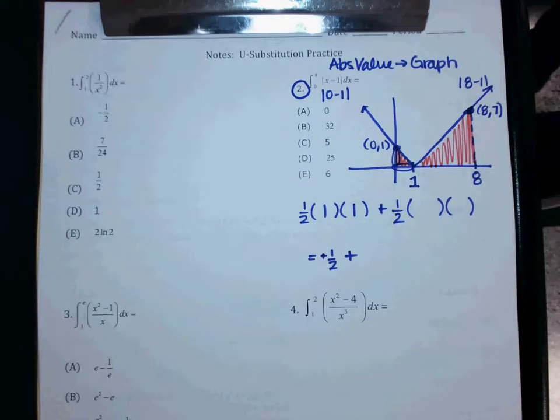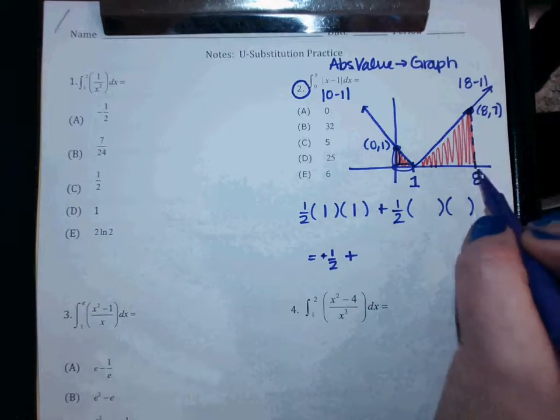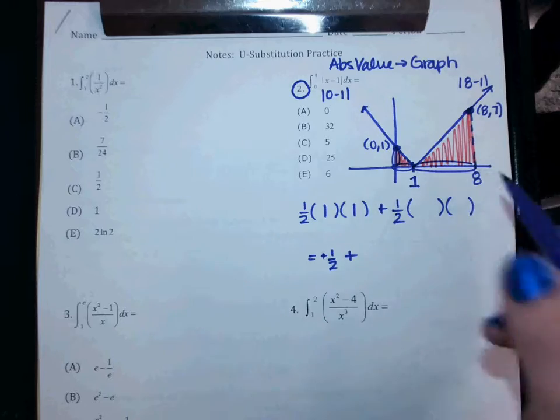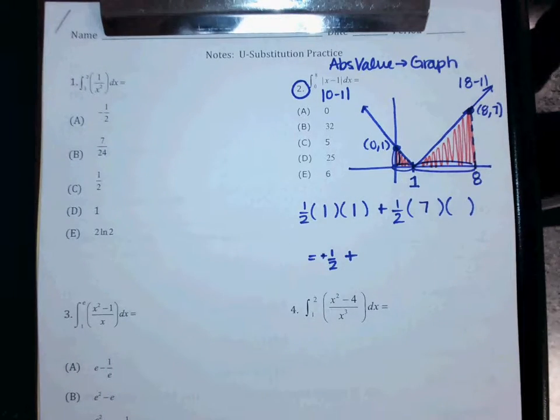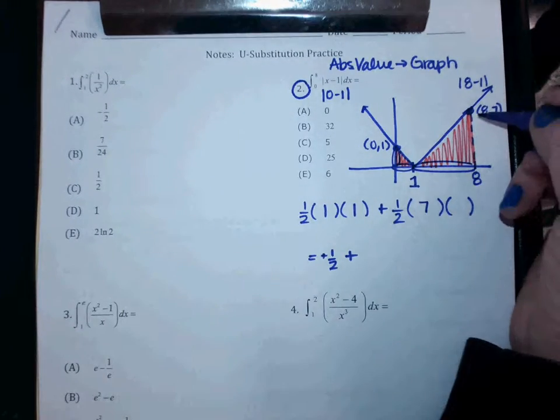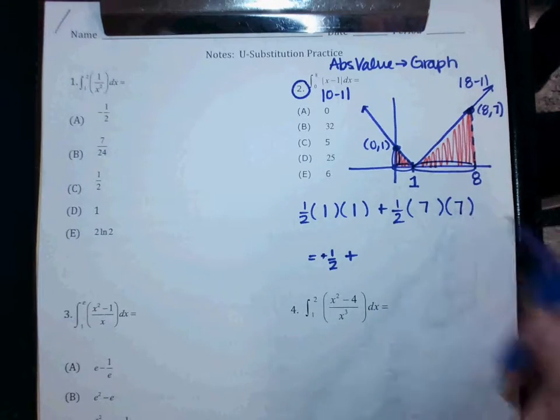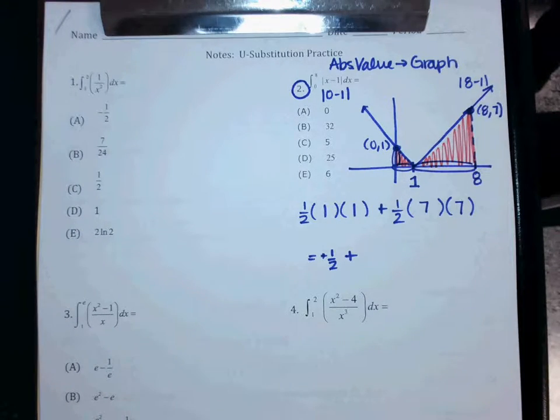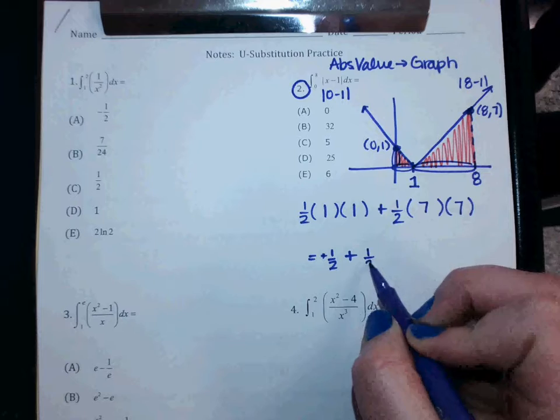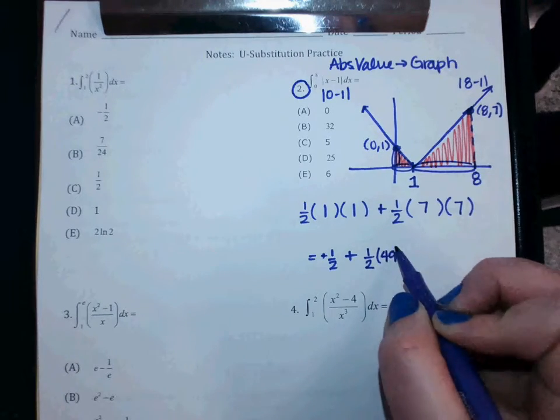Okay, what is my base? Is it 8 for the second triangle? No. 7. Okay, remember from 1 to 8 is a distance of 7. And then my y value here, when I plugged in 8, I also got 7. So 7 times 7 is 49. I want half of 49.